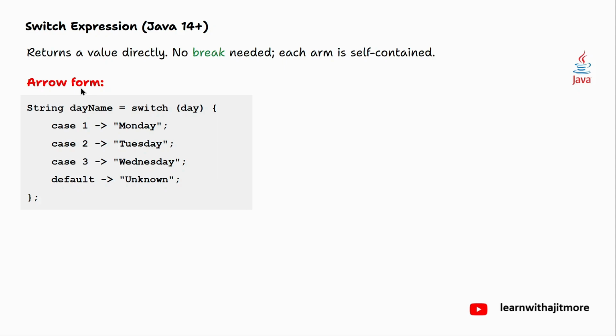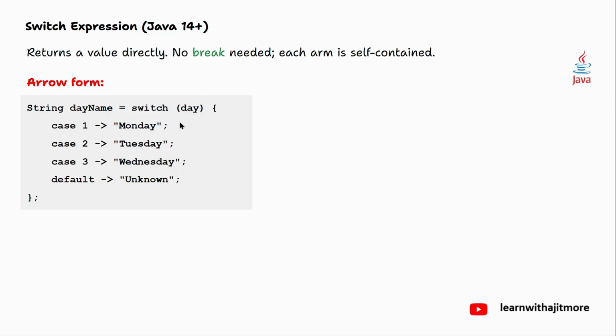ये वाला देखो, पहले अरो फॉर्म. अभी डेटा टाइप int पास कर सकते हो ना, और रिटर्न आपकी चॉइस है, क्या रिटर्न करना है. देखो, switch में you have passed day. If the day is 1, you have just returned "Monday". Automatically this value is returned and it is stored in dayName. And no need of break or something.